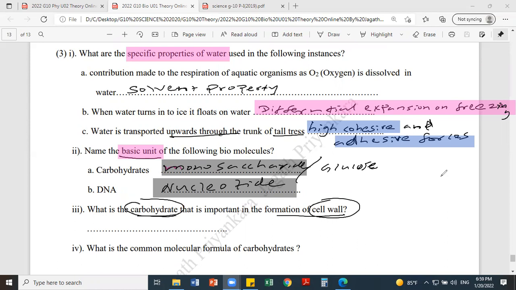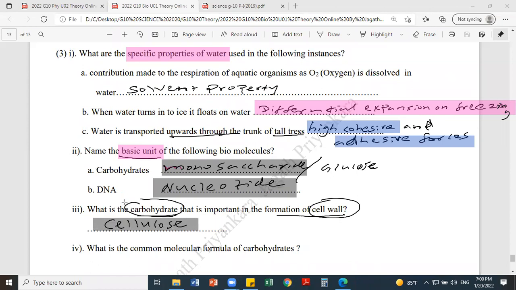Tisavi? Cellulose. Yeah. Rohini? Sandesh? Cellulose. Very good. All of you are correct. Cellulose will be the carbohydrate which forms the cell wall.